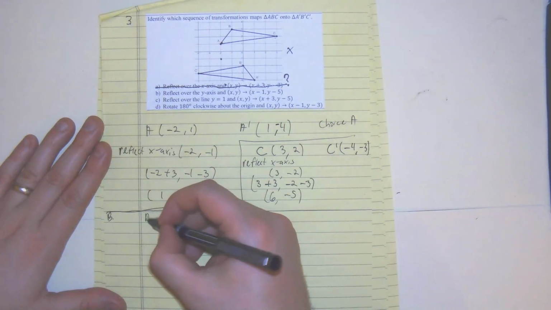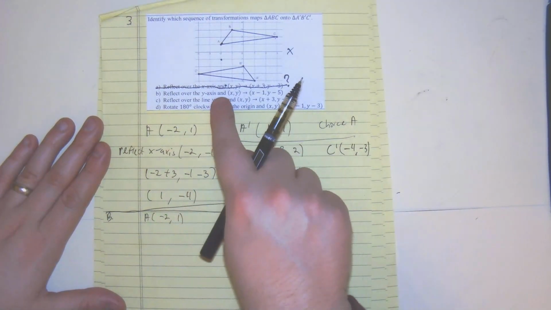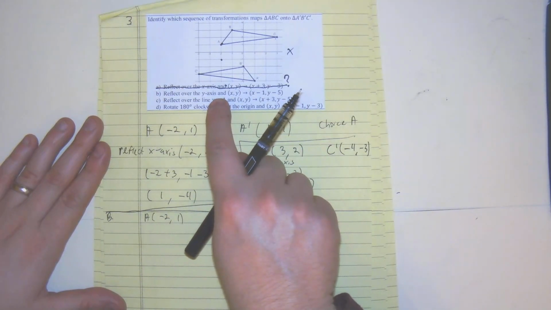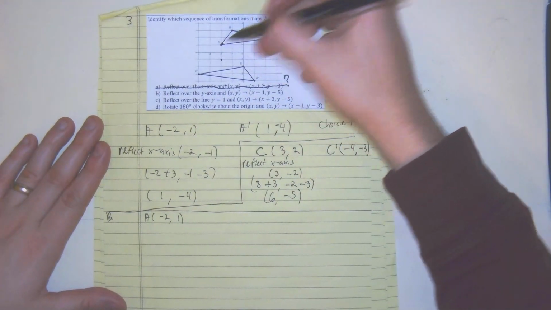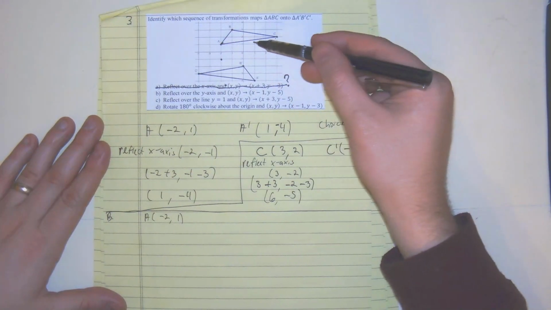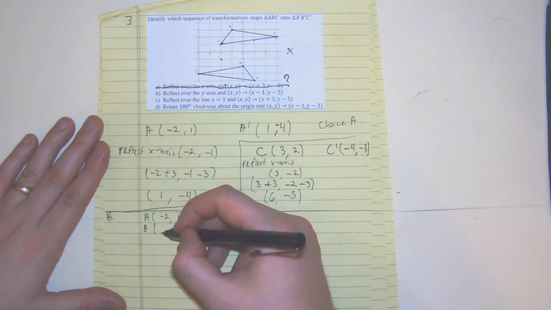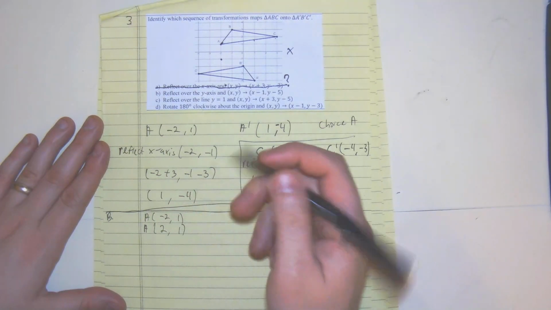So we're at A, which is at (-2, 1). The first thing they want us to do is reflect over the y-axis. So A is going to change its, not y value this time, but its x. So A is now at (2, 1).